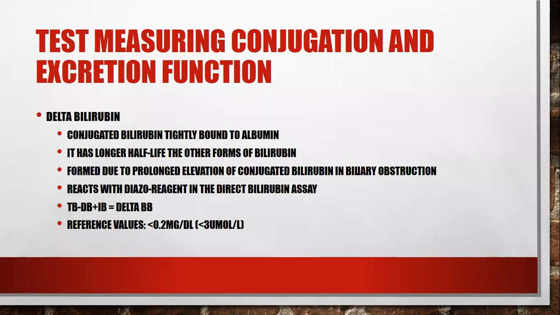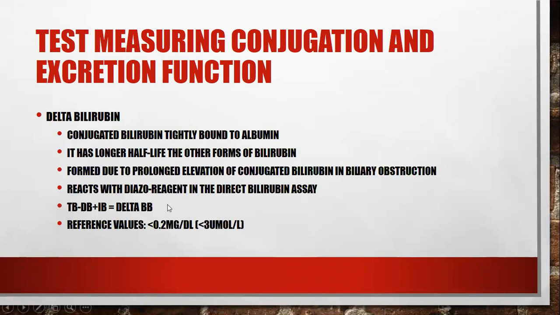Now, another bilirubin fraction is your delta bilirubin. This is a conjugated bilirubin tightly bound to albumin. It has a longer half-life because it is bound to albumin, and it is formed due to prolonged elevation of conjugated bilirubin in biliary obstruction.